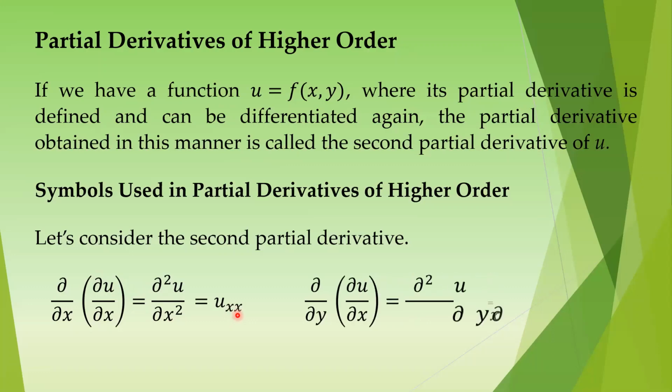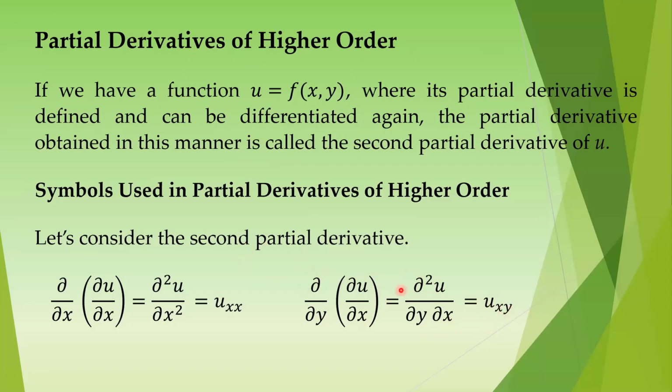Another symbol, this is the partial derivative with respect to y of the partial derivative of u with respect to x. So second partial derivative of u, first with respect to x, next with respect to y. Or siya ay u sub xy. Ito yung una mo with respect to x, second with respect to y.